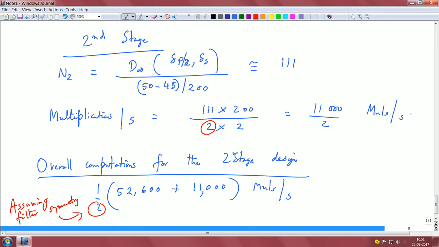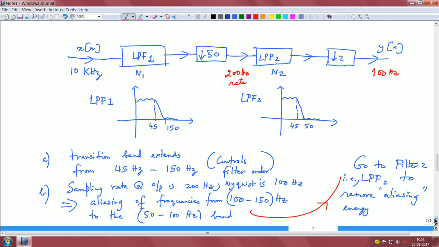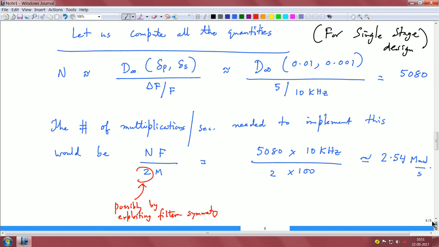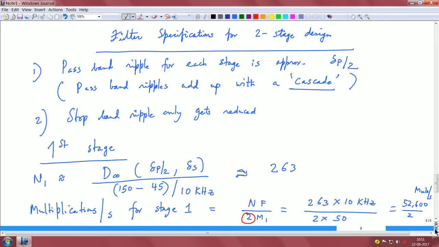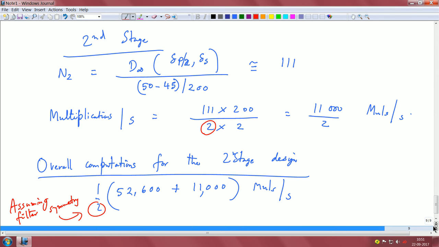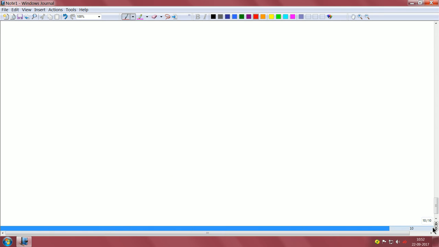So, I think if we just compare what we have here versus the single stage design, which had 2.54 mega multiplications, versus something in the order of about 60,000 by 2, which is about 30,000 multiplications, right. It is a factor of 1:8. So, this is something which we have to bear in mind.